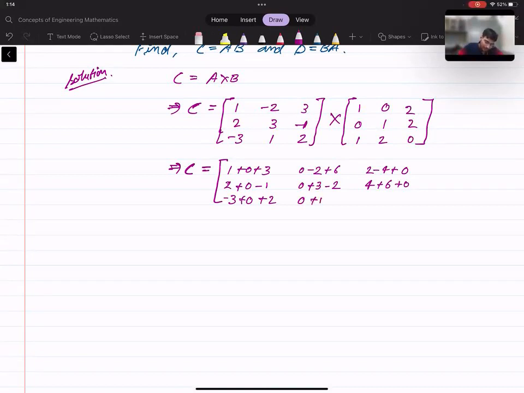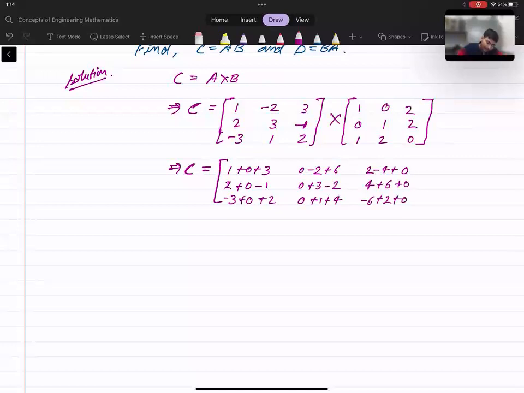Here we are multiplying the third row of A with second column of B. Okay. So this is 1 into 1 is 1, then 2 into 2 is 4. And now we have third row of A and third column of B. So this will be -6, and then plus 2, then 0.